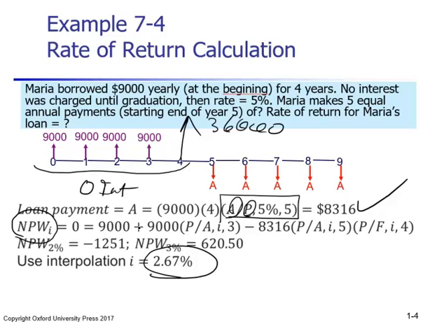And here you see again, this is finding the interest rate that makes everything 0. That is the point.